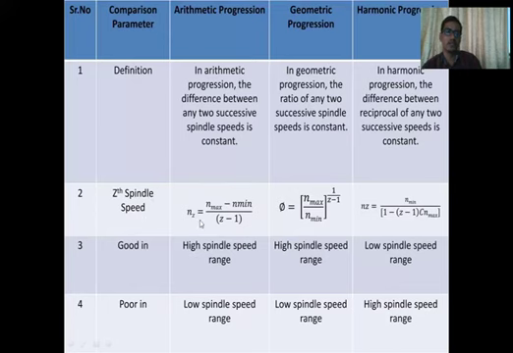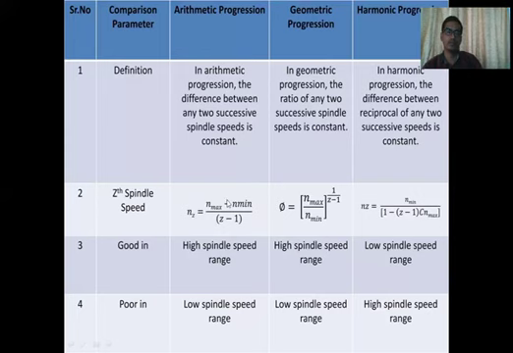For arithmetic progression, the z-th spindle speed, that is nz, is calculated by the formula nz equals n max minus n min upon z minus 1, where nz is the z-th spindle speed or highest spindle speed, n max is the maximum spindle speed, n min is the minimum spindle speed in RPM, and z is the total number of speed steps. Means if z is equal to 12, we have to calculate from n1 to n12 speed. So that is the formula to calculate the spindle speeds.